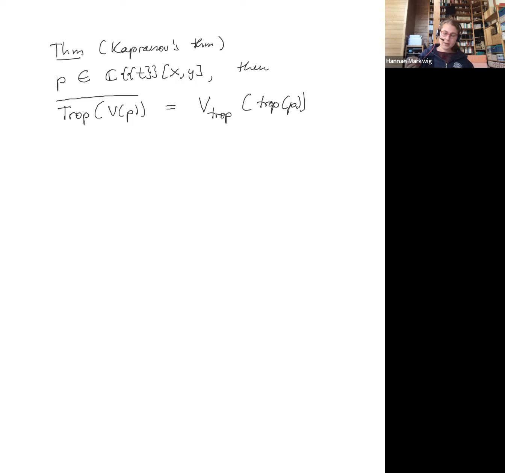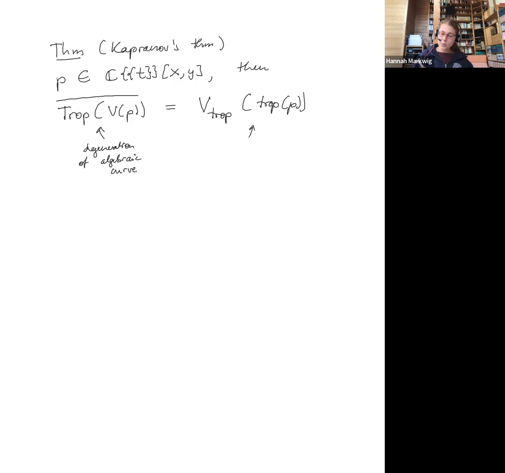And this theorem is a bit of a miracle because on the right, we have this degeneration of an algebraic curve, which is a very, very strong degeneration because we're forgetting so much and only keeping minus valuation of the points.